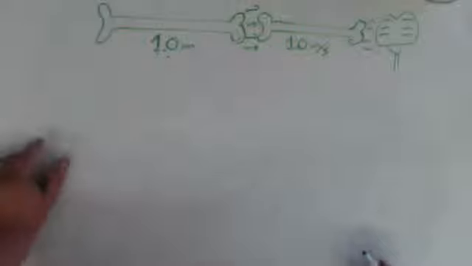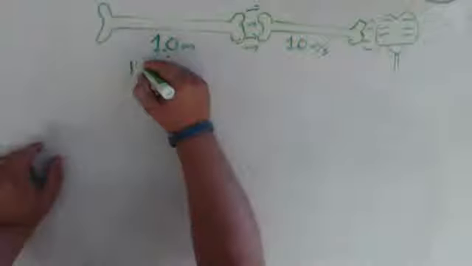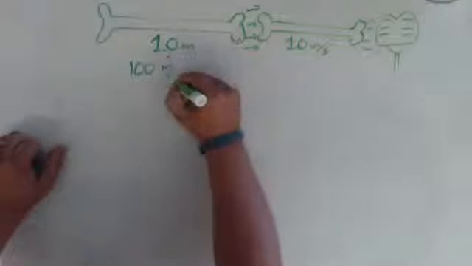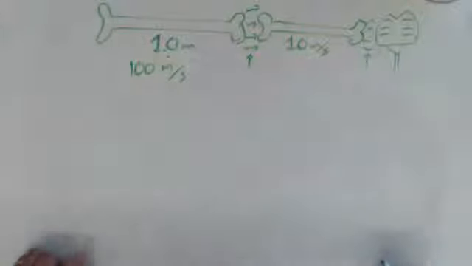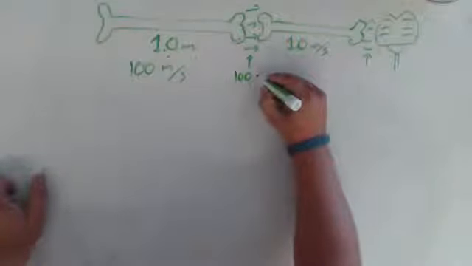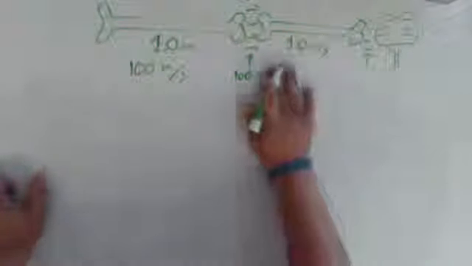The other thing we're claiming is that the signal from this end to this end travels at a speed of 100 meters per second. Also, in the synapses, the section where the neurotransmitters are being released, the distance is approximately 100 nanometers.